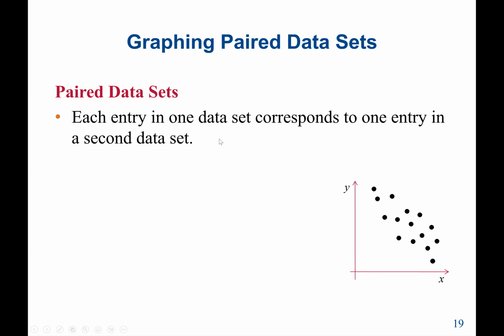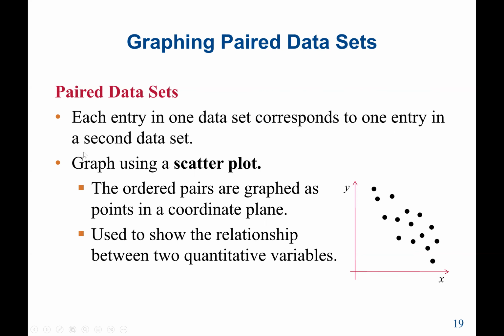So here we say each entry in one data set will correspond to one entry in a second data set. So graphing using a scatter plot, first we need to get the ordered pairs. The ordered pairs are graphed as points in the coordinate plane. What we mean by ordered pairs is that each point is two-dimensional. So each point will be a value of X and Y. Let's say, for example, when X is 1, Y is 10, that's this point.